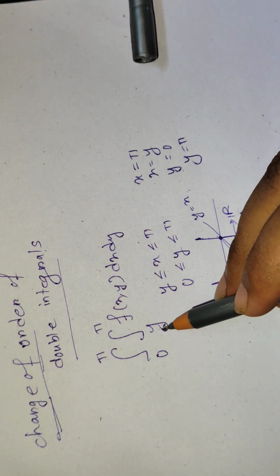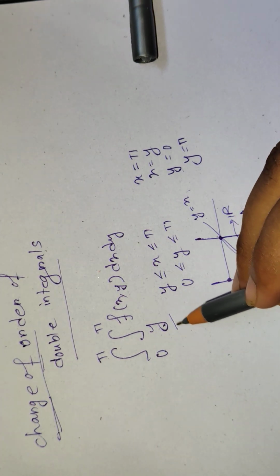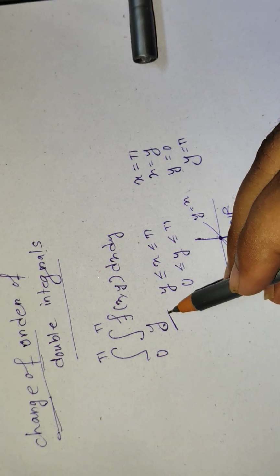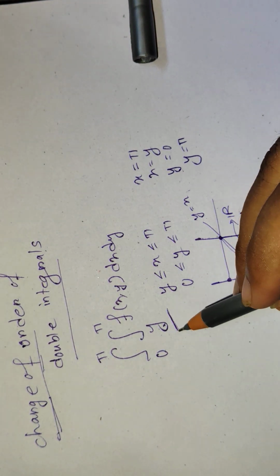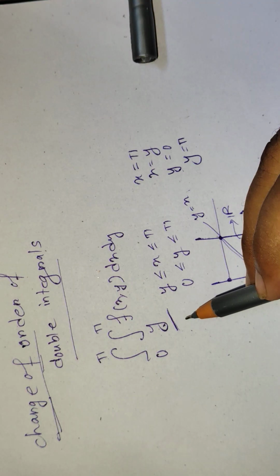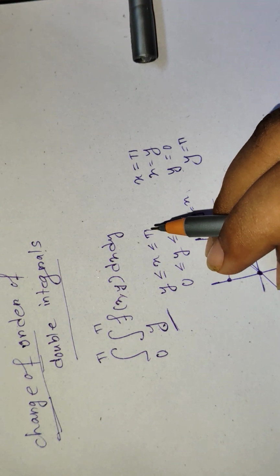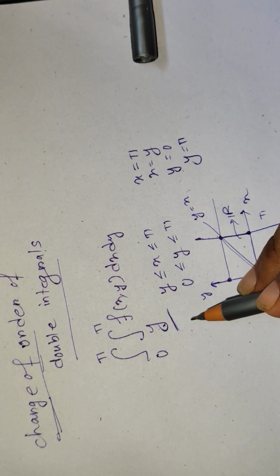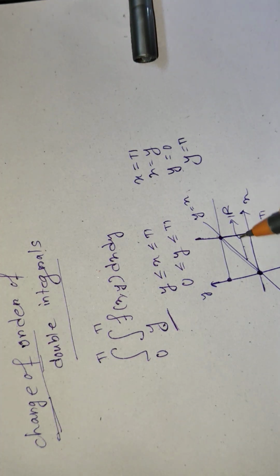Now you can see the first variable is x, because the first limit is variable, that means the first limit is the limit of x. If the first variable is x, that means we are taking horizontal limits, because this is the x-axis, this is the y-axis.